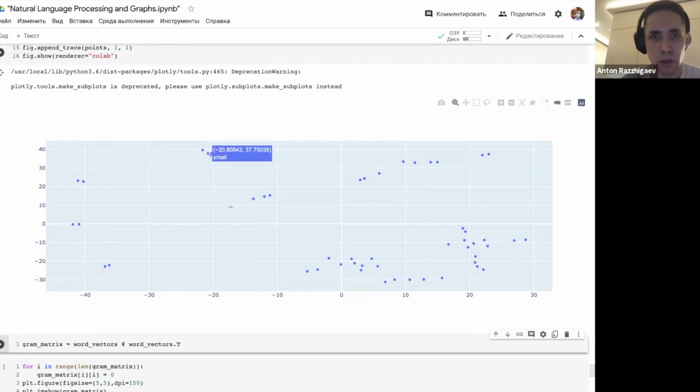Here are the words from the text about flies, which are mapped to vector space and then squeezed to 2D space. Okay, some clusters.